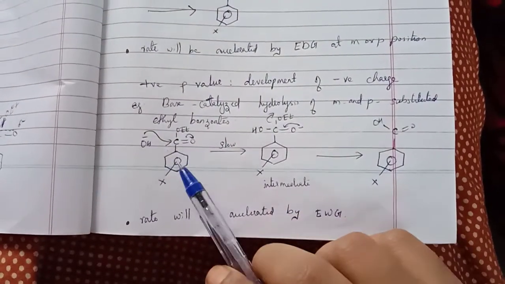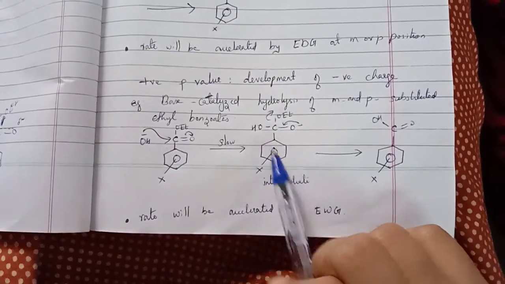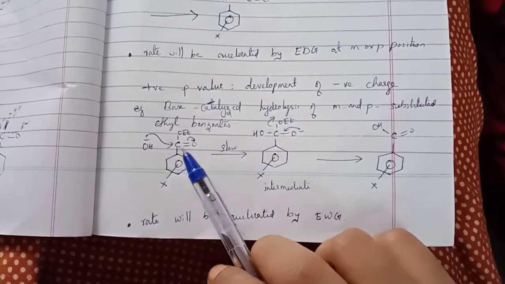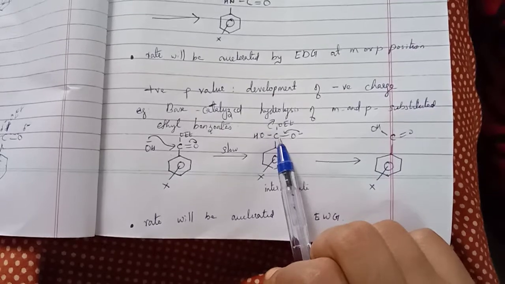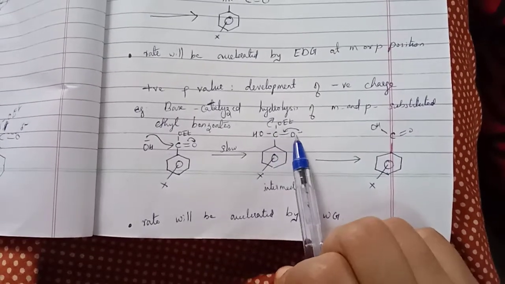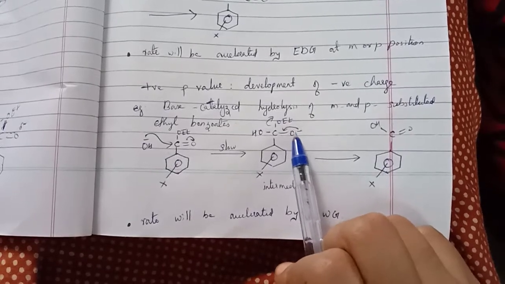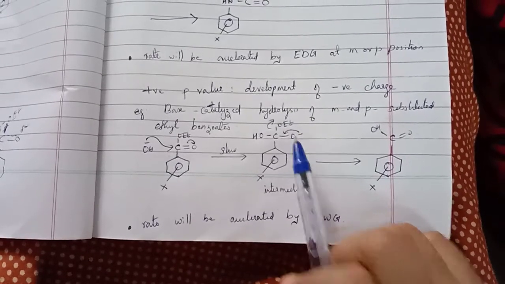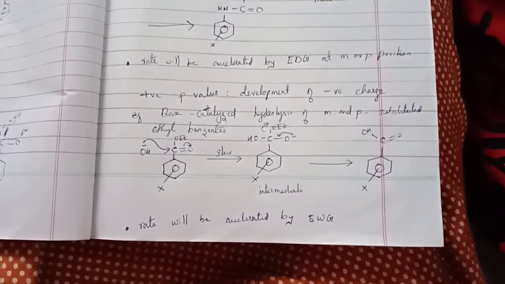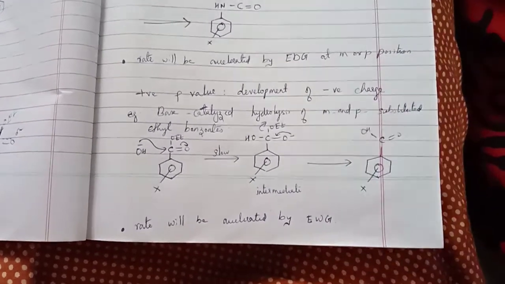Well, when we consider the reactant and the intermediate, there is no charge formation directly. It is not directly visible. Any charge is developing on the carbon, but a charge is developing on the oxygen, which is near to the reaction center. Okay, so this minus charge development, that also we can consider for this development of negative charge. You can consider any of these cases to remember the reaction.